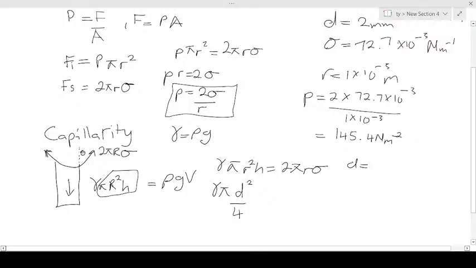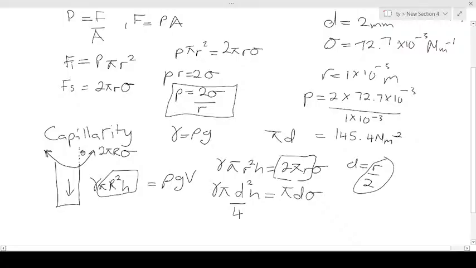And now h is equal to... and also this here represents the circumference of a circle, and it can also be written as pi d. So over here we have pi d sigma.